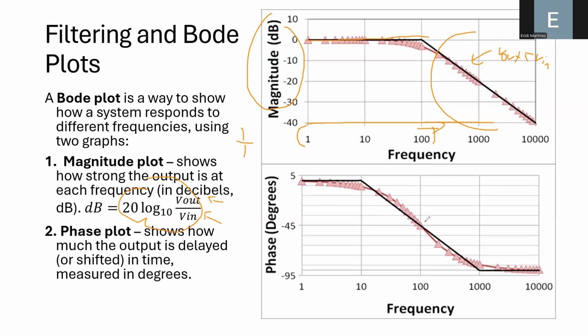That means that there is a delay of the output voltage compared to the input voltage. Okay, there is a phase difference. Maybe the output voltage is lagging the input voltage, but in order to know that, we need to look into this phase diagram. Basically, it tells us what is the phase difference or the displacement of the output voltage compared to the input voltage.